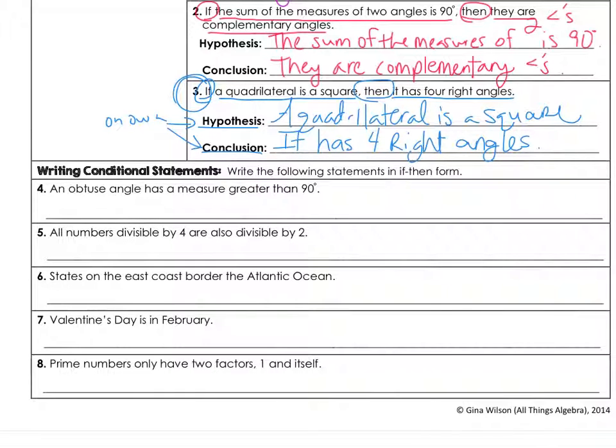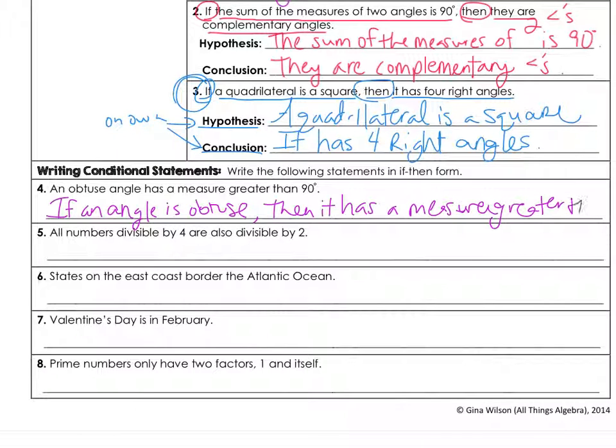When we write it out, we're going to write if an angle is obtuse, then it has a measure greater than 90 degrees.